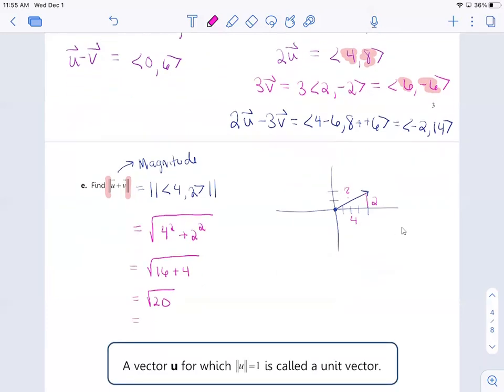I'm going to have us go ahead and simplify this so we keep getting better and better at that. So that becomes 2 root 5. That is your magnitude for your resultant vector. In other words, you found the length of this vector, right? The R, the hypotenuse, all those lovely things.